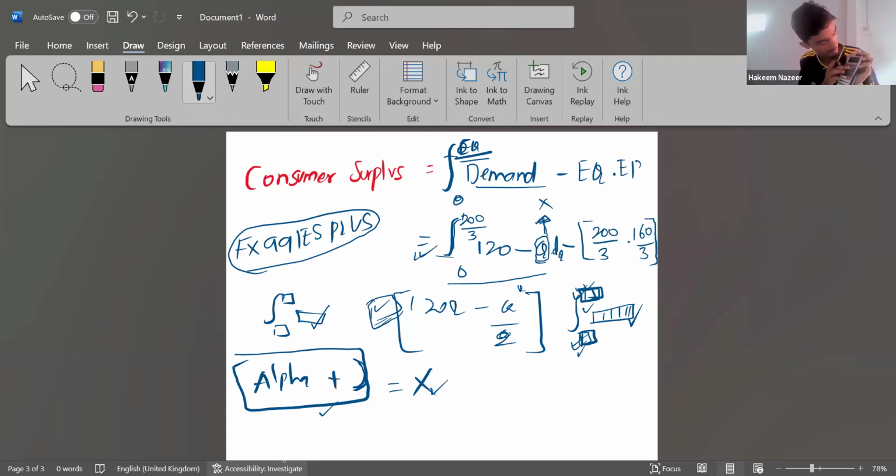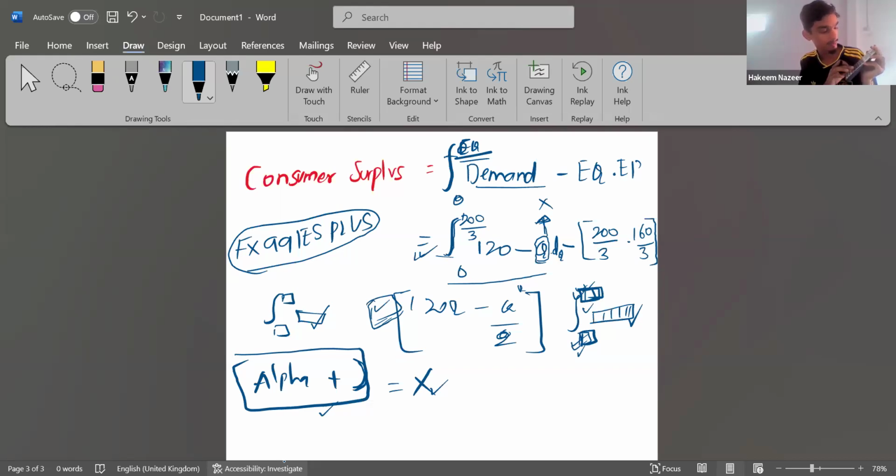I hope you can see me. Even I can't see where my arrow is. හරි, 0 and the 203.